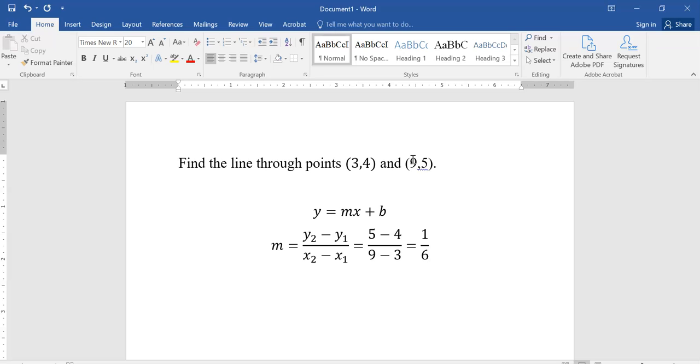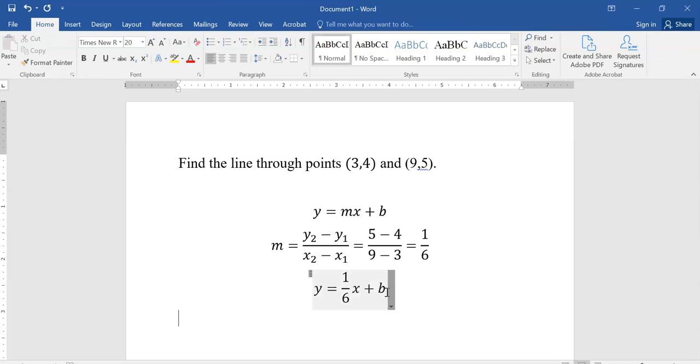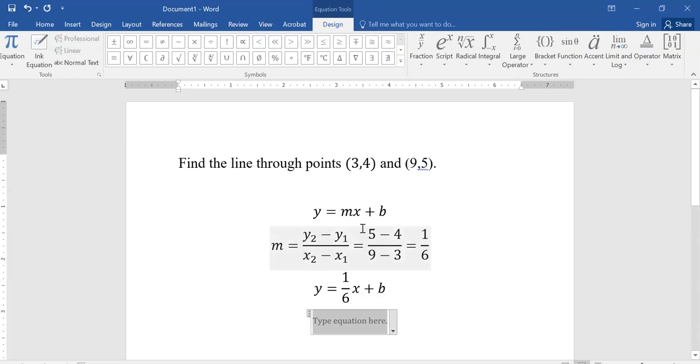All right, now we know something about this equation. In particular, we can replace the m with the value 1/6. So y equals 1/6 x plus b. In order to get the b, recall that all we have to do is take one of these points. We know these points, when you plug them in, give a true statement, and therefore just plug in one of these points, either the (3, 4) or the (9, 5), into the x and y values.